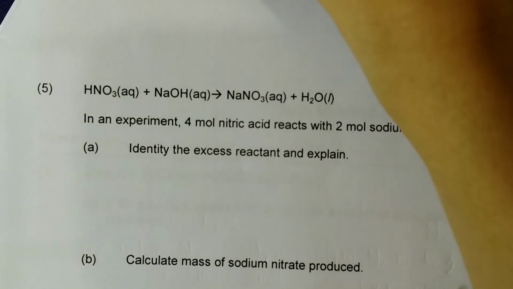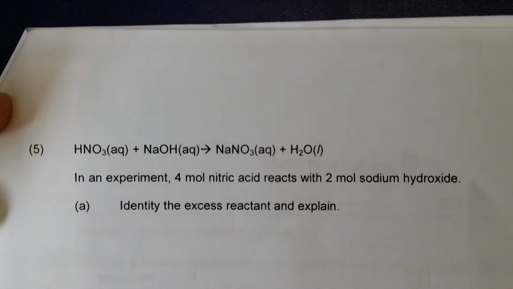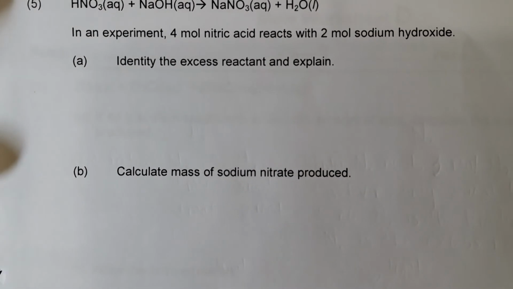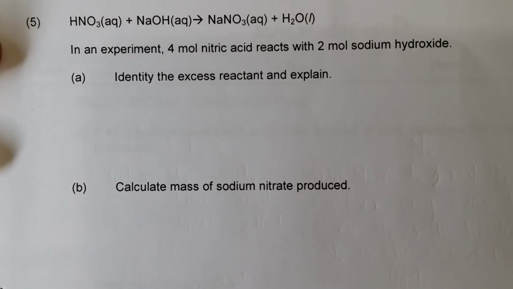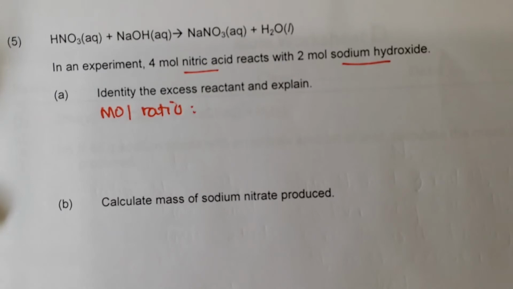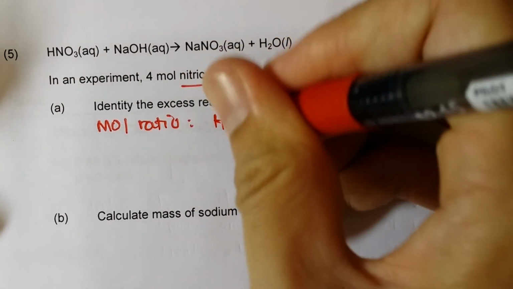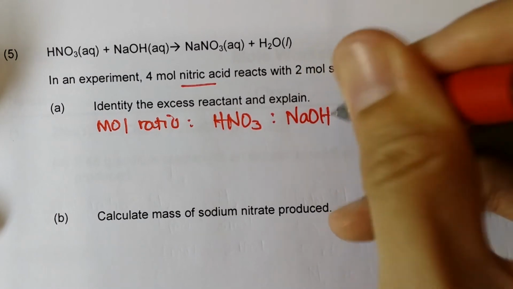Okay, next page. In an experiment, 4 mole of nitric acid reacts with 2 mole of sodium hydroxide. Identify the excess reactant. Same, look at the mole ratio. Mole ratio between nitric acid, HNO3, and sodium hydroxide.